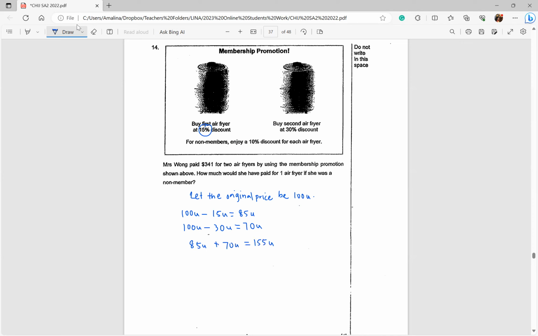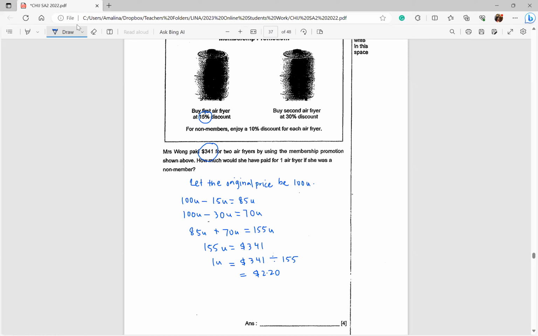And I also know that my 155 units cost me $341. So 155U equals $341. To find 1 unit, 341 divided by 155, so 1 unit costs me $2.20. And you want to find the cost if I'm not a member.